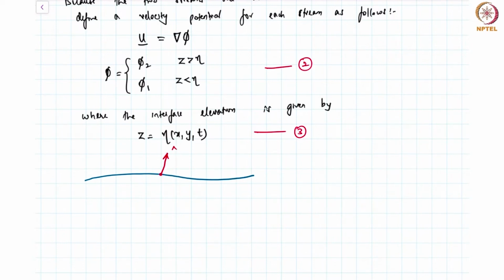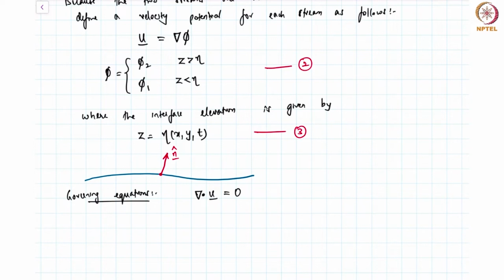That's my normal vector. Then the governing equations would be that the divergence of velocity in both the fluids would be 0.